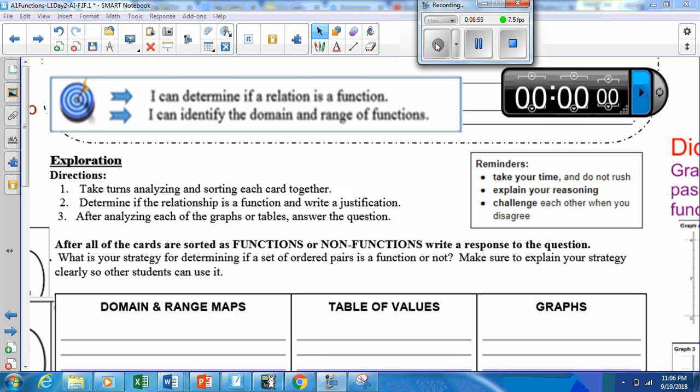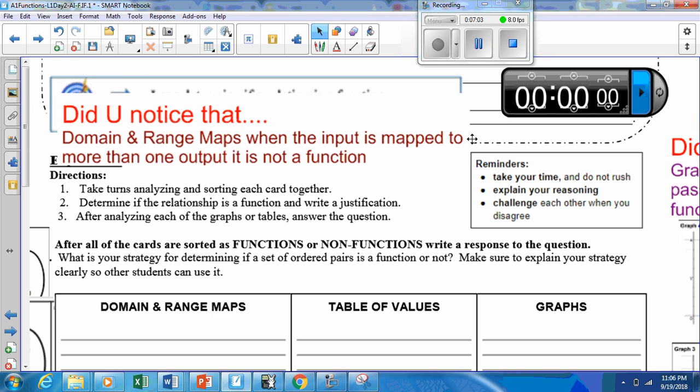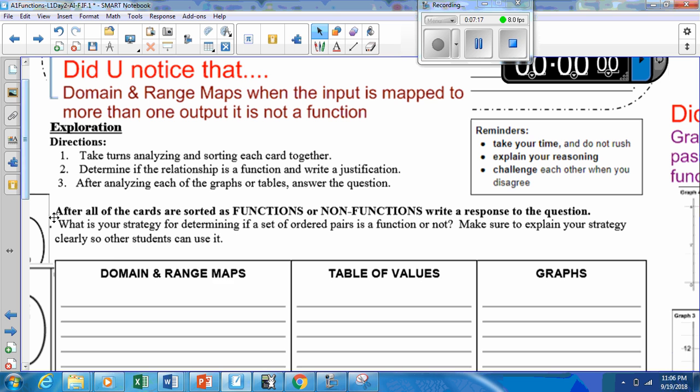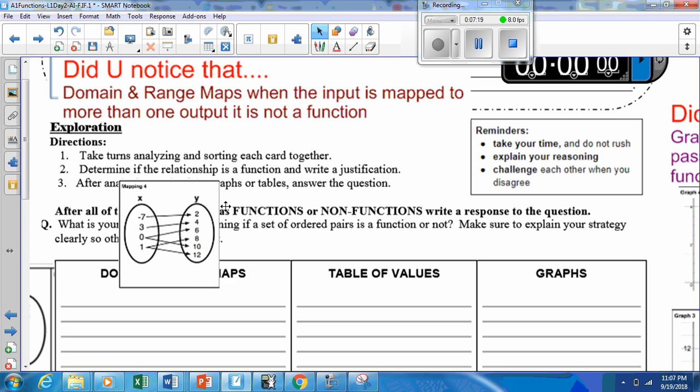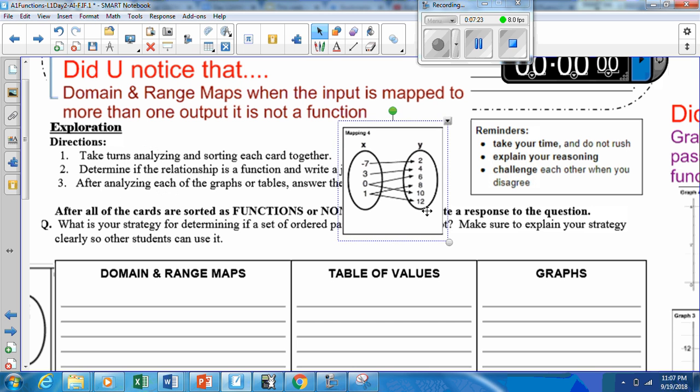Did we notice, and some of you did, that when the input is mapped to more than one output, it's not a function? Did we notice that? Right. This is an example. Exhibit A. We see that 0 is being mapped to 6 and 10.